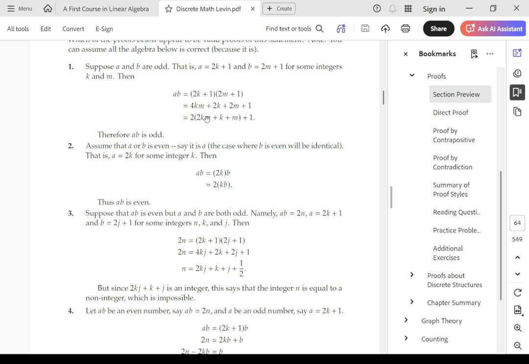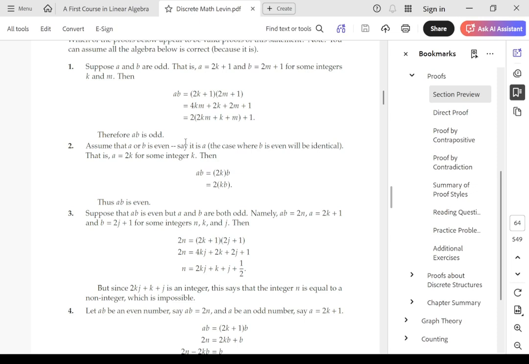Remember, k and m are all integers, so adding and multiplying integers results in another integer. So 2 times some integer plus 1 is odd. They took the approach of negating the conclusion and proving the negation of the hypothesis, and we've seen from a previous section that is a valid approach.